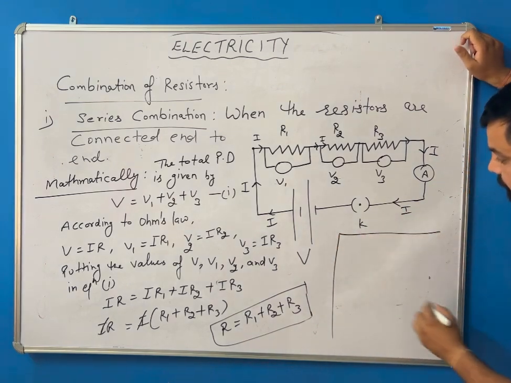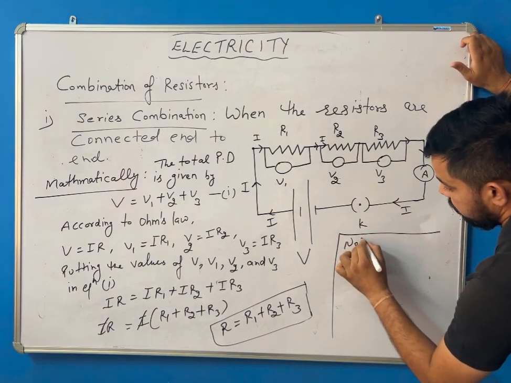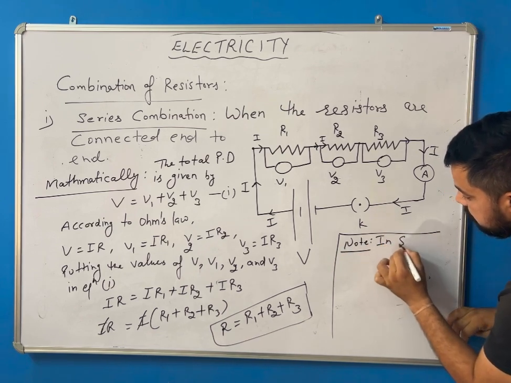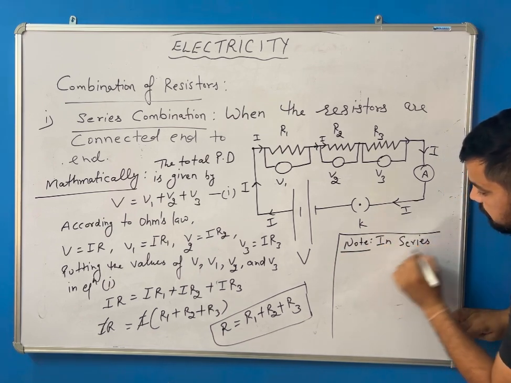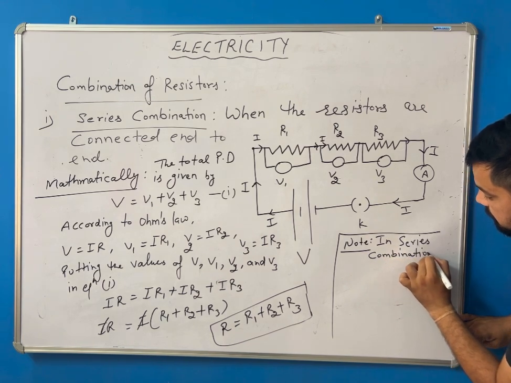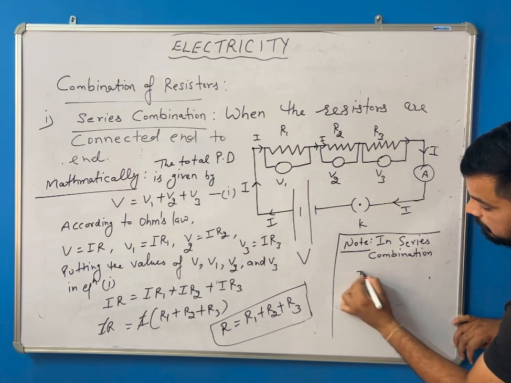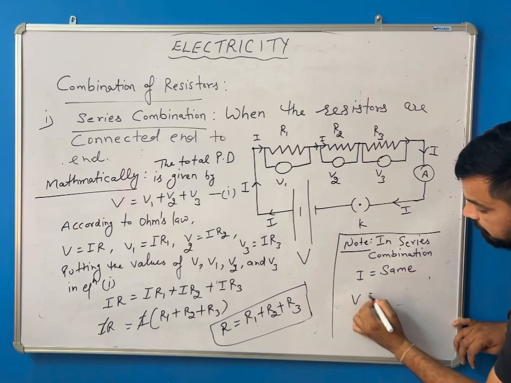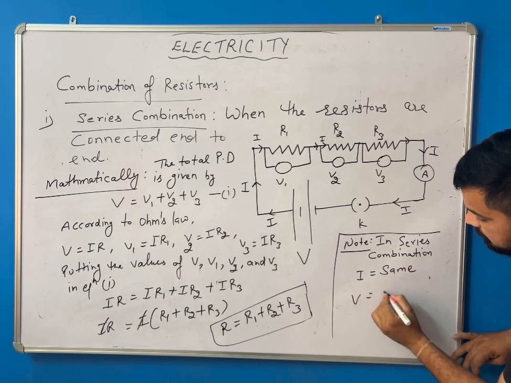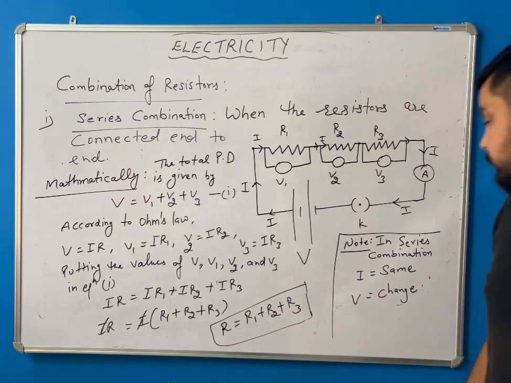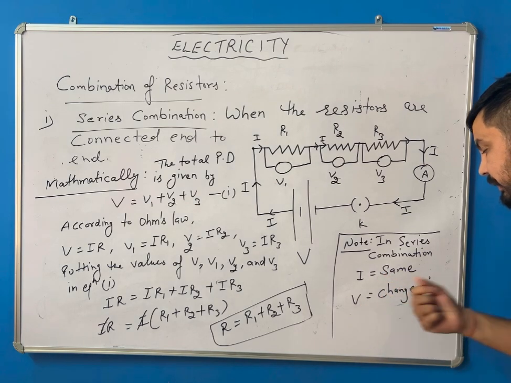You have to note that in series combinations, I will remain same, but V will be changed.